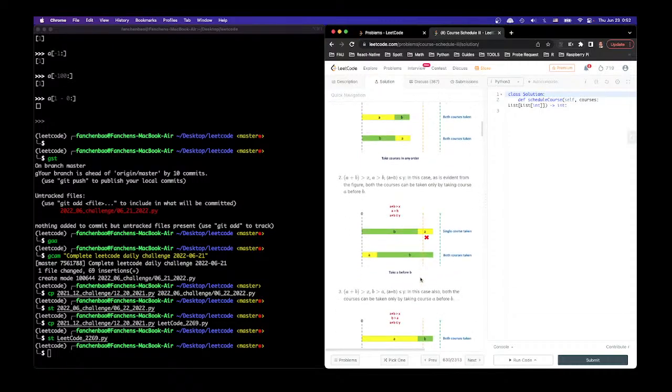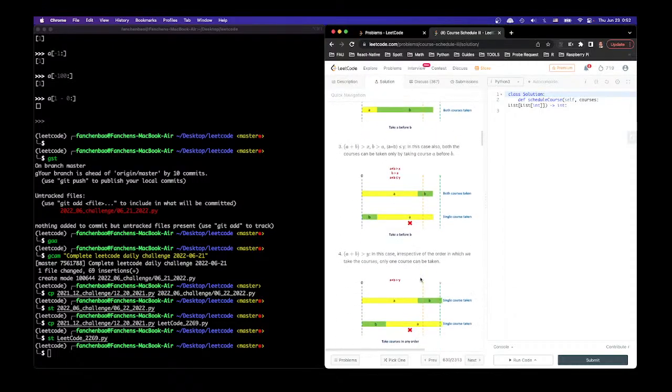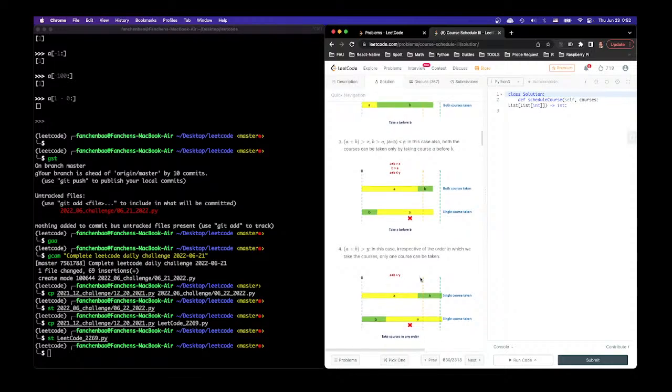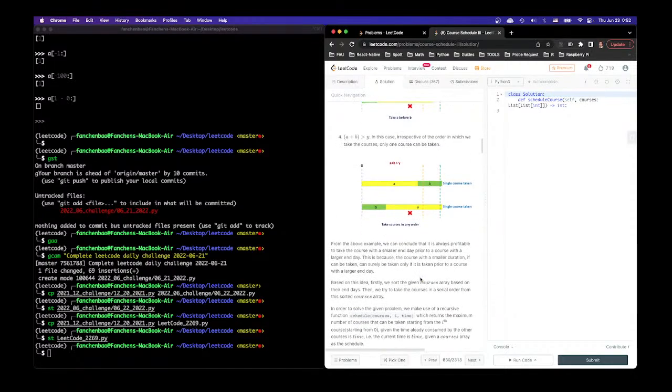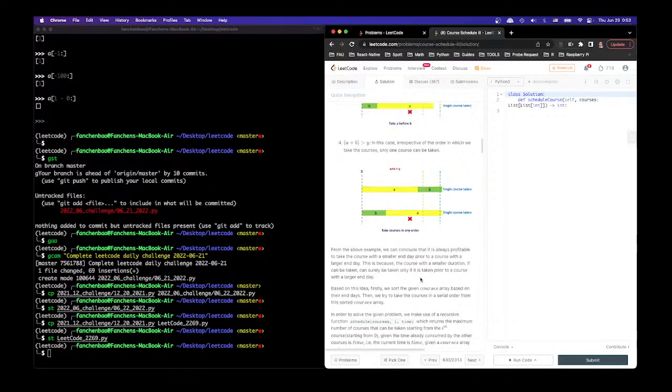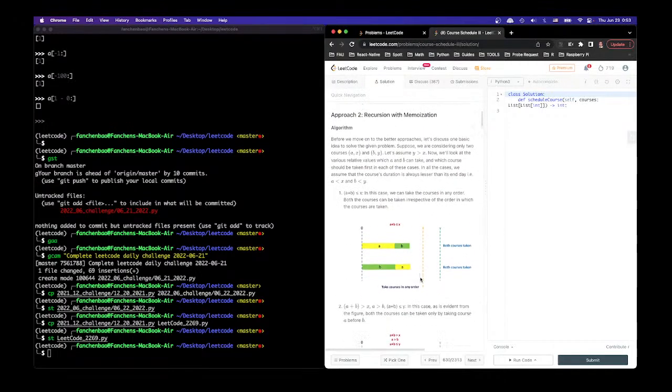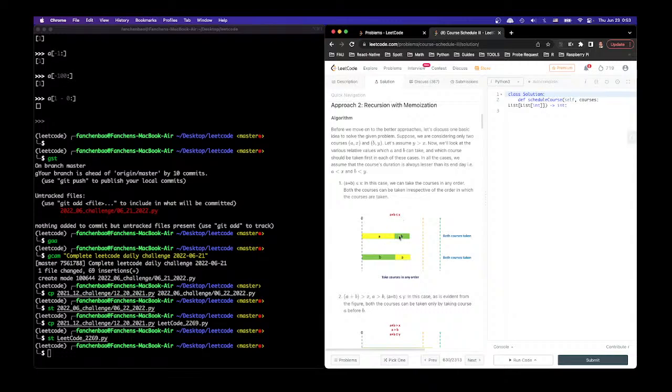So I have different cases. Oh, so this is both classes can be taken.